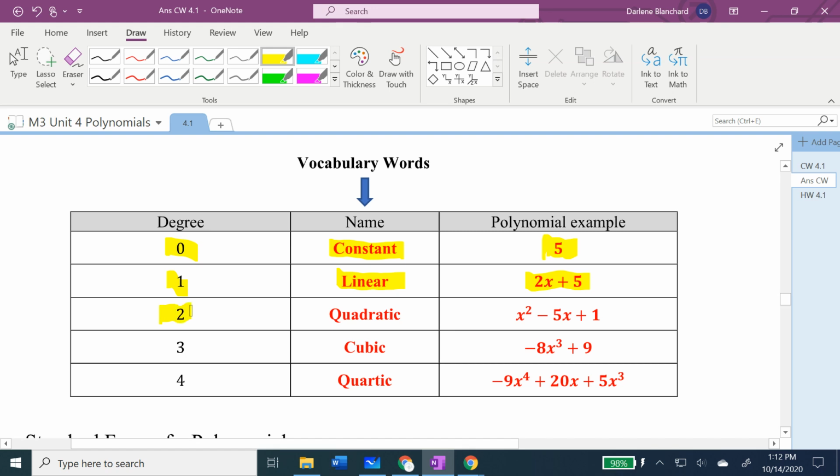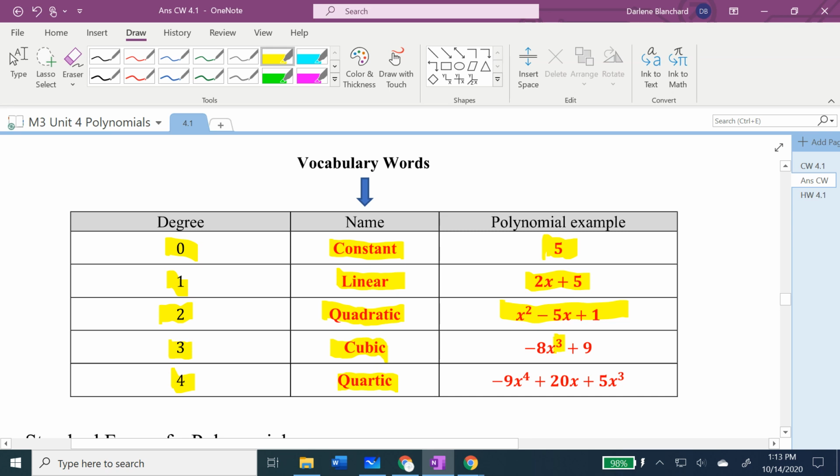If it's degree 2, we've already used the word quadratic. An example of degree 2. Degree 3, we call a cubic polynomial, and you've heard that word before. There's an example. And not said too often, but a degree 4 polynomial is called quartic.